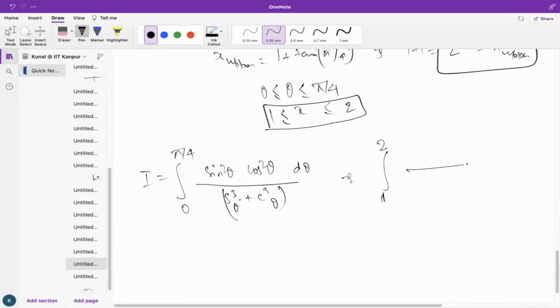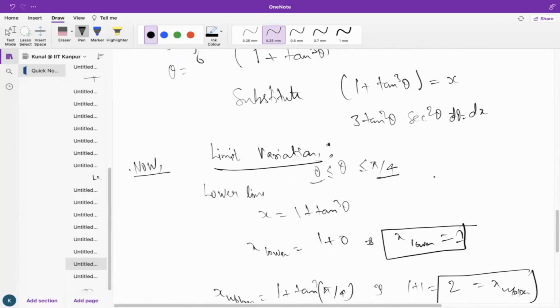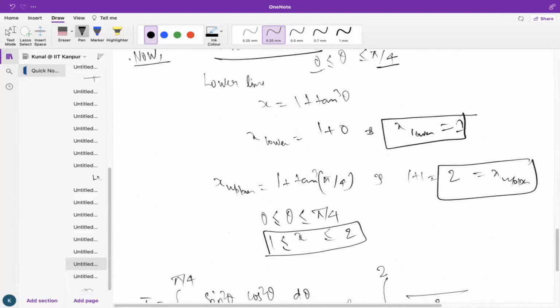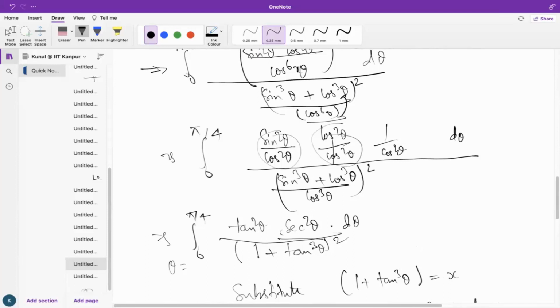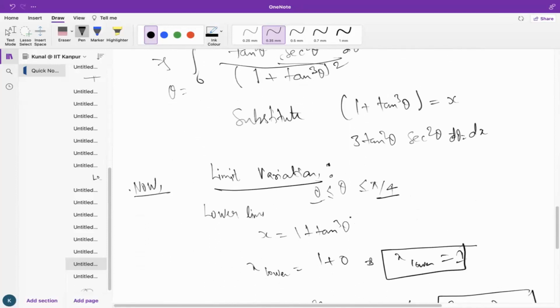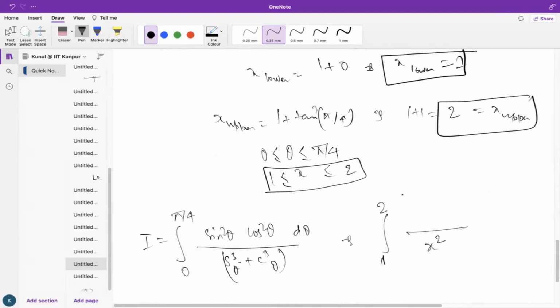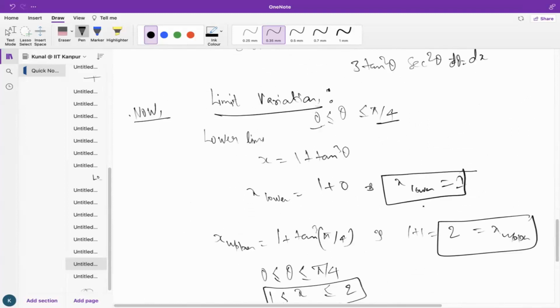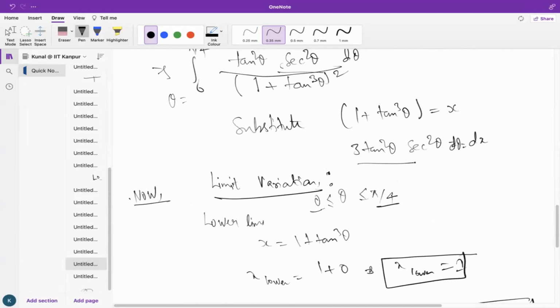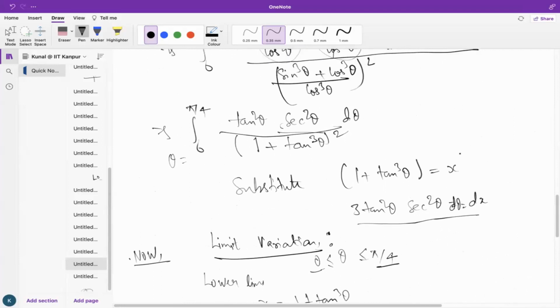So in the denominator we get the x squared term, right? And whatever is written in the numerator here will count in the dx term, right? Because our dx is 3 tan square theta sec square theta, right?